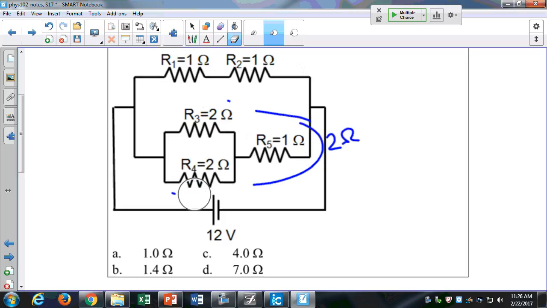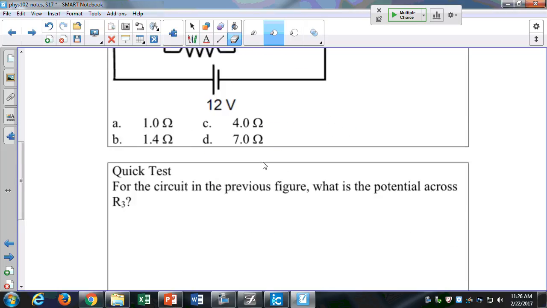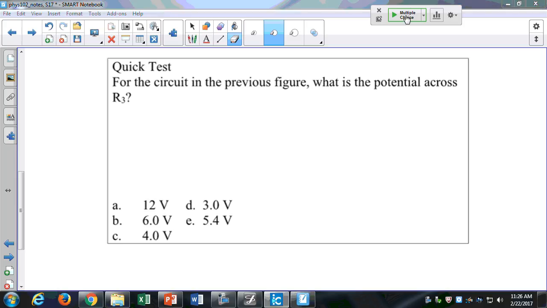All right. Let's look at the next part of this, and very likely you'll have a series of problems like this. What is the potential across R3? What is the potential across R3?